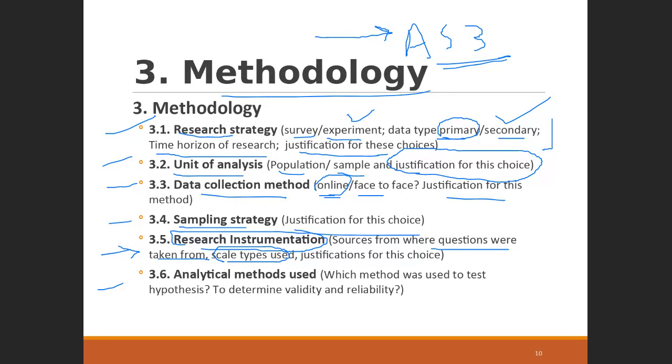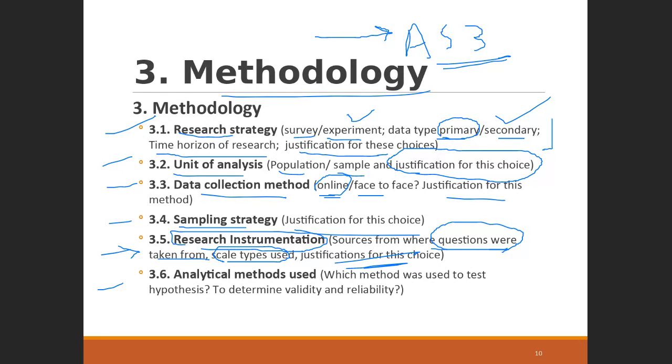So it is very important for you to discuss the scales which were used to measure each variable, and the questions which were used to measure each variable. And you need to justify this choice as well, why you have chosen questions from one particular research paper and why you have not chosen questions from another research paper.